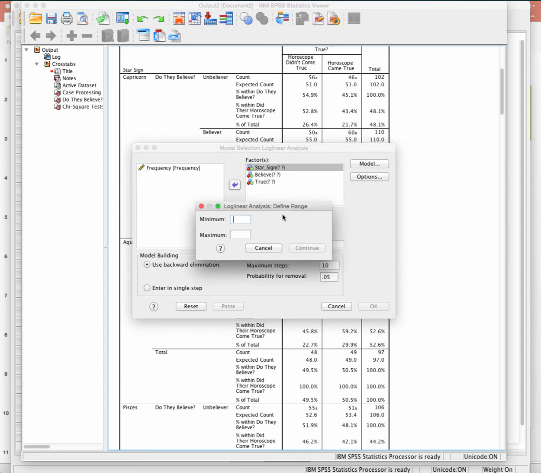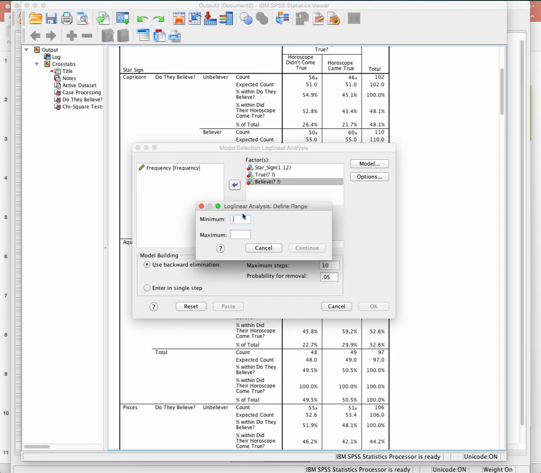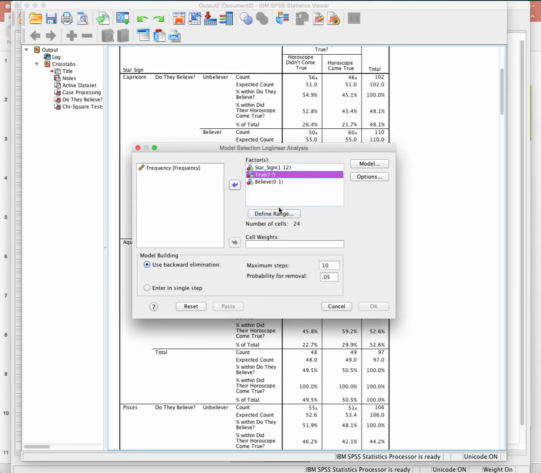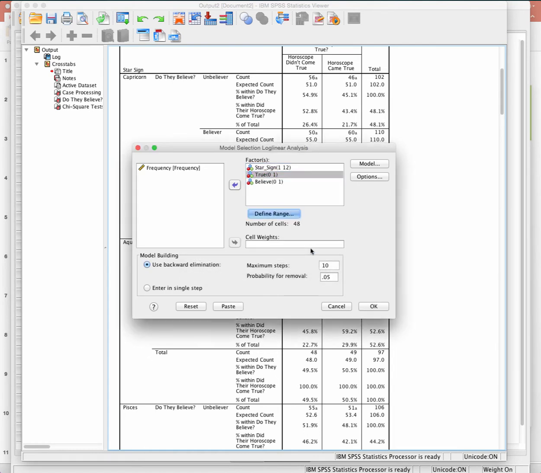We know for star sign, the minimum is 1 and the maximum is 12. For believer, we define a minimum of 0 and a maximum of 1. And the same is for true. We define that with a minimum of 0 and a maximum of 1.